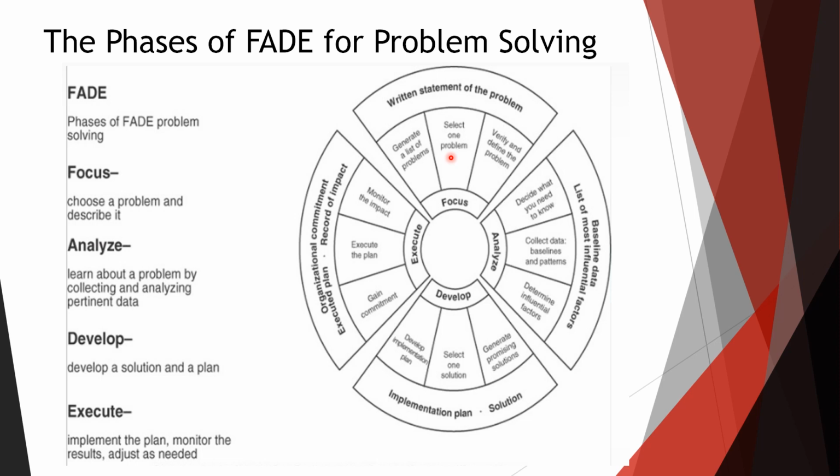So you can come up with the written statement of the problem for all the different problems of the larger issue. Okay, and you can also go through this in parallel.